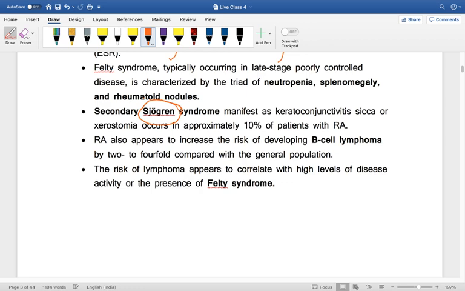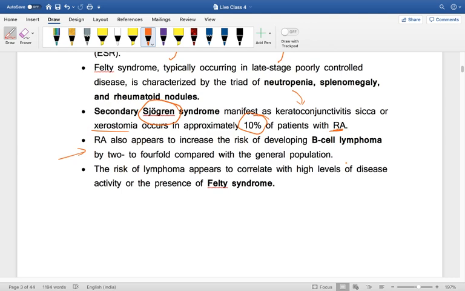Now, there can be a secondary Sjogren syndrome associated with rheumatoid arthritis. How does it present? Whenever rheumatoid arthritis plus keratoconjunctivitis sicca, xerostomia, that is called secondary Sjogren. It can occur in about 10% of patients who have rheumatoid arthritis. One of the high-yield MCQs in the NEET PG exam: is there any association with lymphoma?